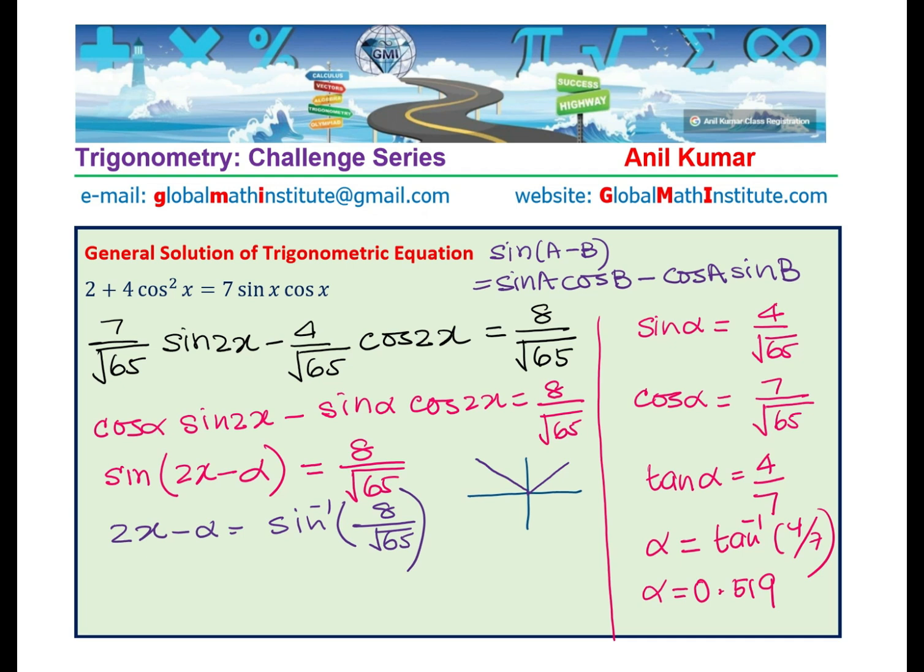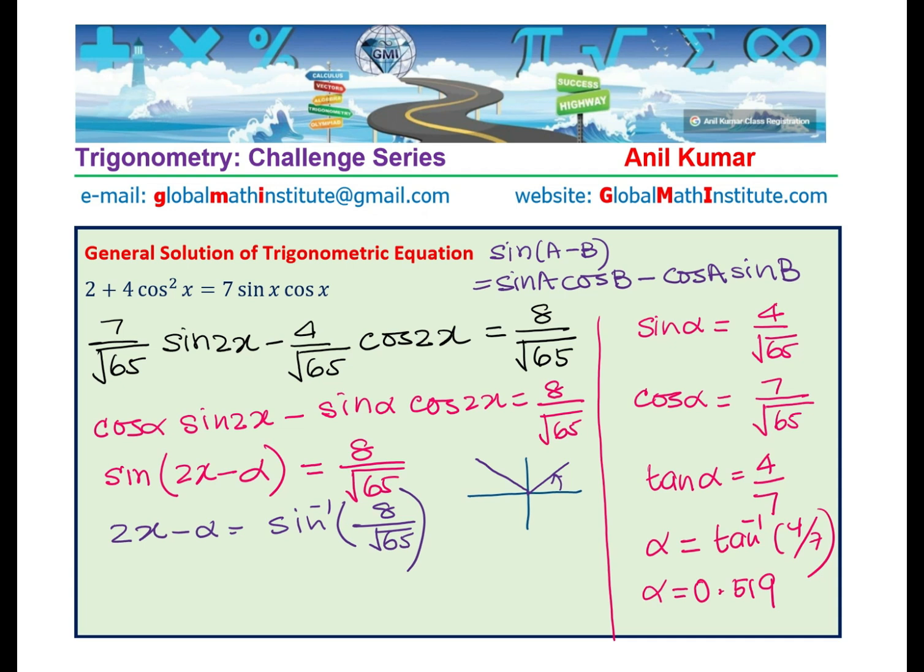So let's find sine inverse of 8 divided by square root 65, and we get 1.446.